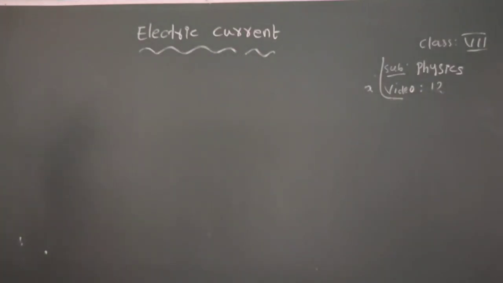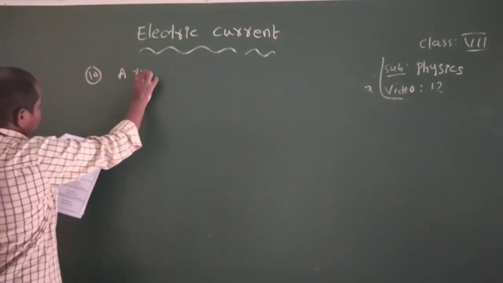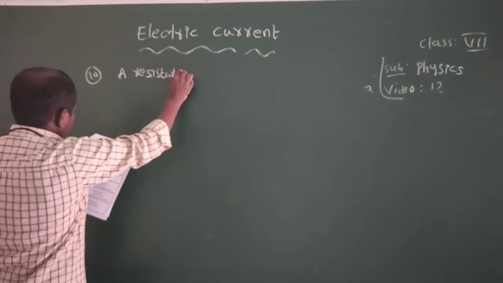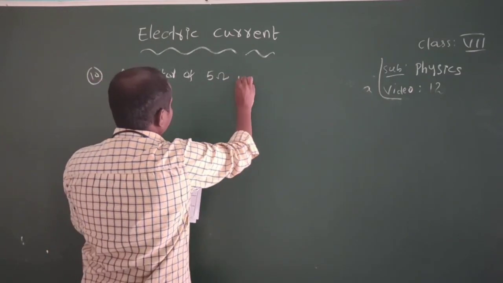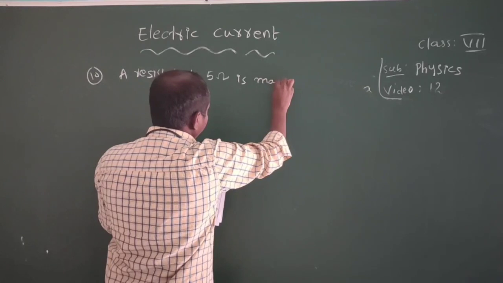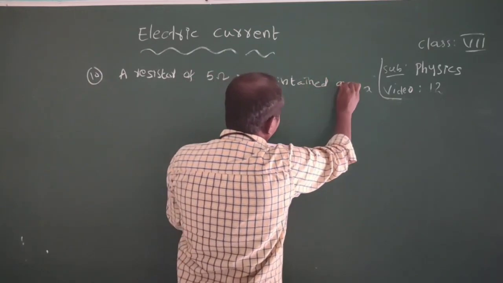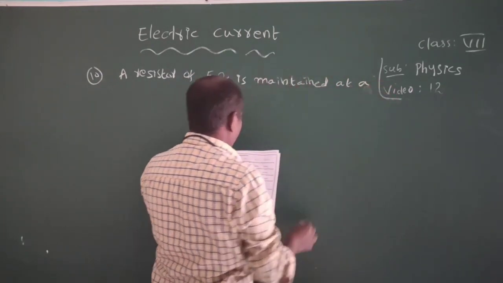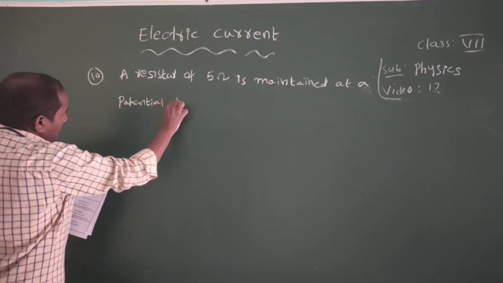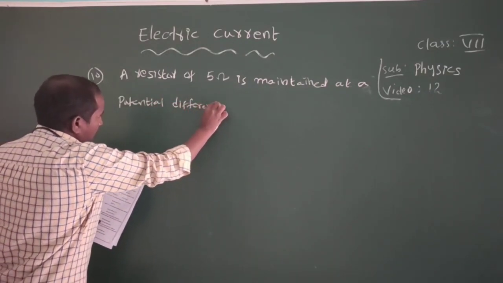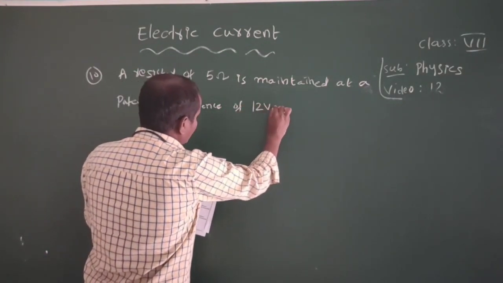Next, question number 10. A resistor of 5 ohms is maintained at a potential difference of 12 volt.